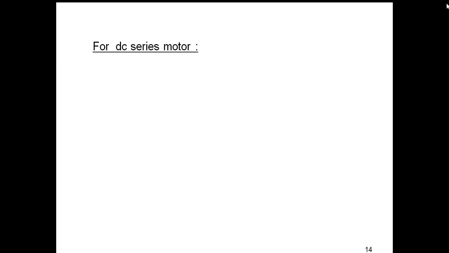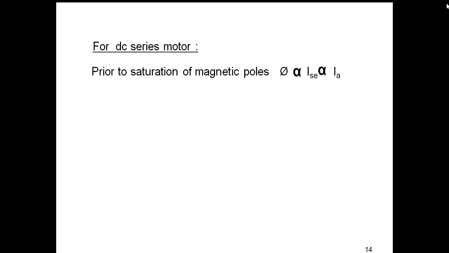From that, if the motor is a series one, that is a DC series motor, then the flux will be proportional to armature current. In a series motor, all the currents will be same, that is IA is equal to ISE is equal to IL.